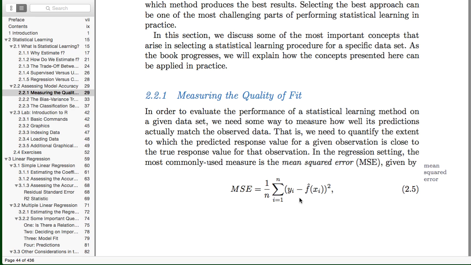This observed data we're going to call the training data. So there are 2 kinds of data that we're concerned with in supervised learning. We're mainly talking about supervised learning here, and we have training data and test data.